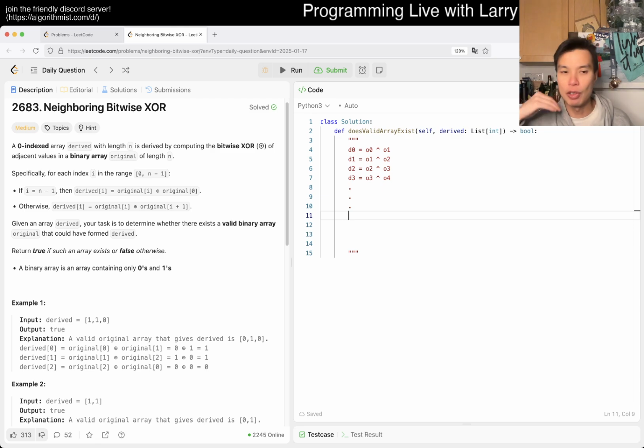Meaning that the digit in the least significant bit doesn't affect the digits in the second least significant bit. And that's not always true in all operations. Like, for example, 1 plus 1 is equal to 10 in binary. Addition is an operation where the least significant digit does change the more significant digits. But in a bitwise operation, and particularly bitwise XOR, this does not happen.